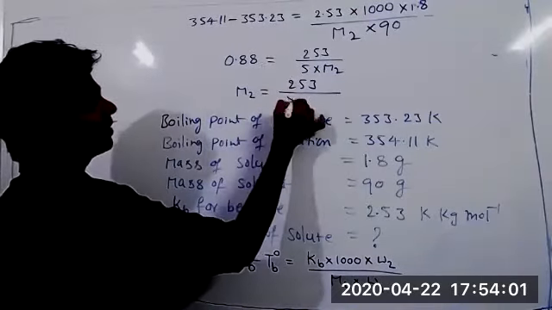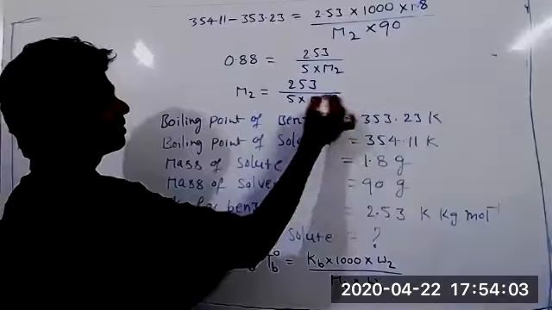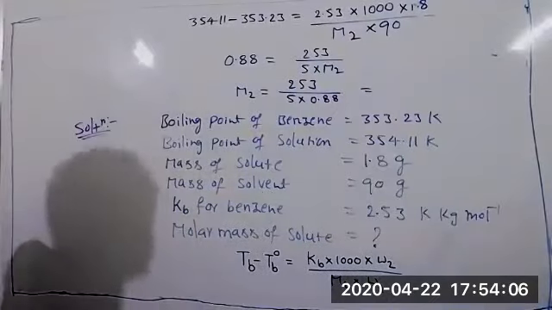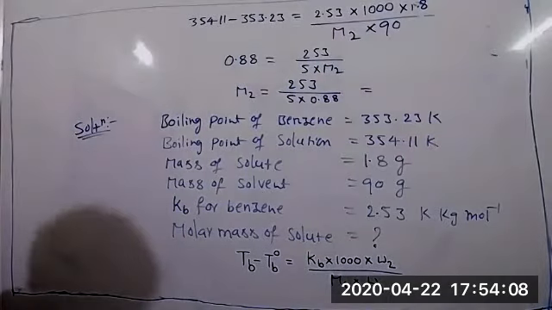So M2 is equal to 253 divided by 5 into 0.88. Then calculate this value.